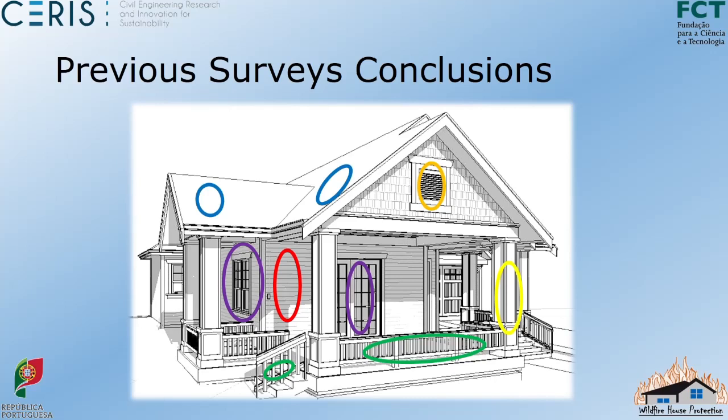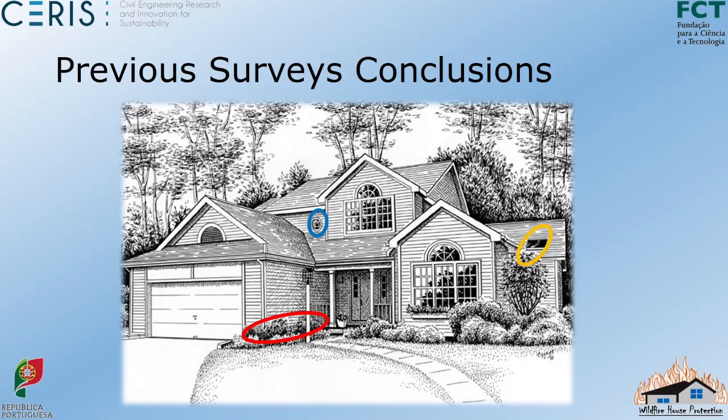Basically, it's the roof, then come the windows, openings, doors, and sometimes even the porch and the columns in the exterior. You also have secondary attack points like the garden near the house, or extra openings on the roof or even on the walls that are not protected. All of these need to be fireproof.